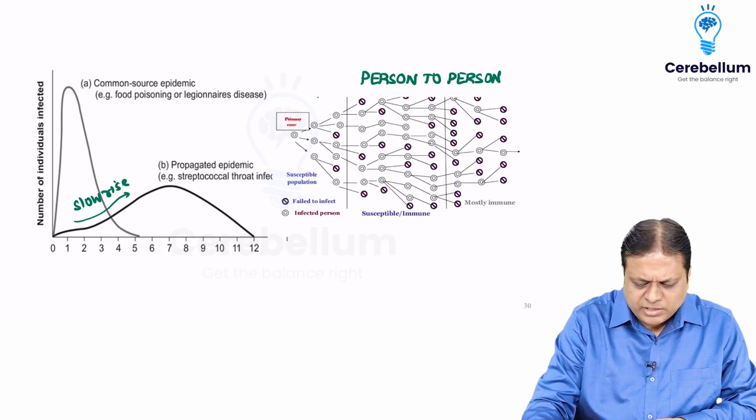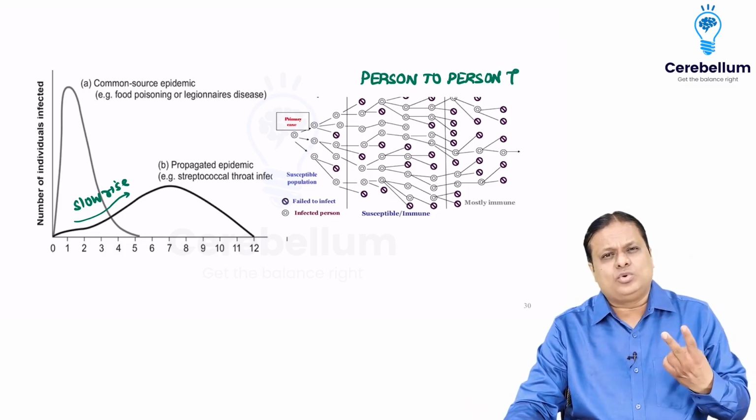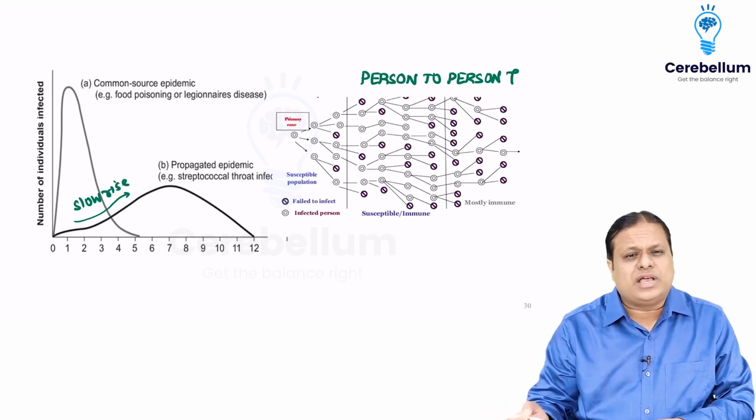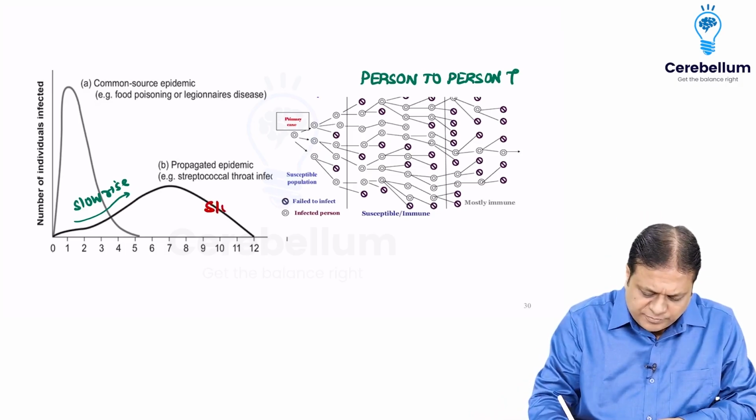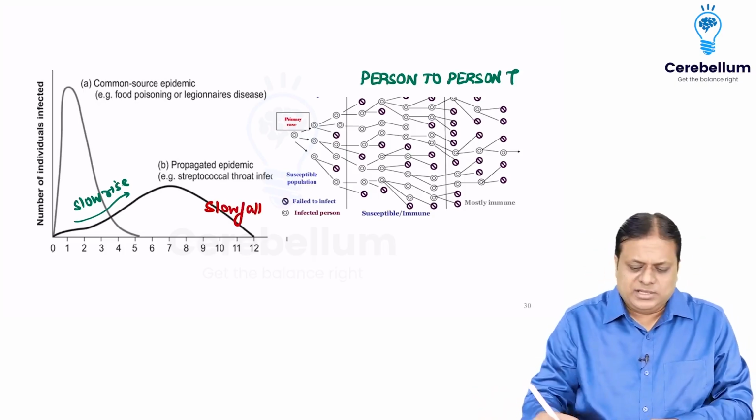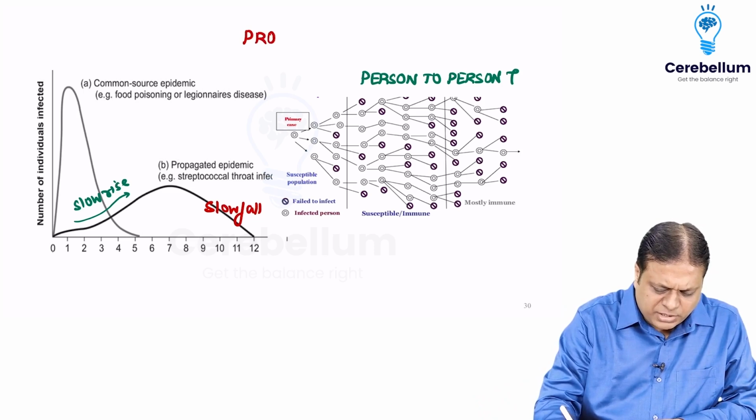One person, if he has two partners, will give rise to two cases. If they have more partners, it will become 3 or 4. So this is a slow rise, slow fall, and sometimes even a peak is not there. This third type of epidemic is known as propagated epidemic.